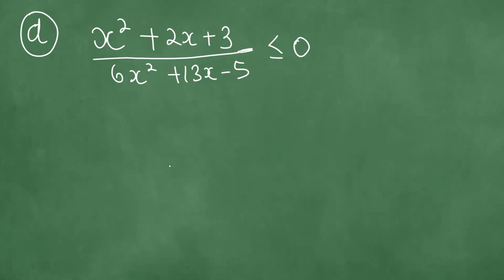Right, so upon further examination, you can see that x squared plus 2x plus 3 does not have linear factors, so we leave it as x squared plus twice x plus 3.